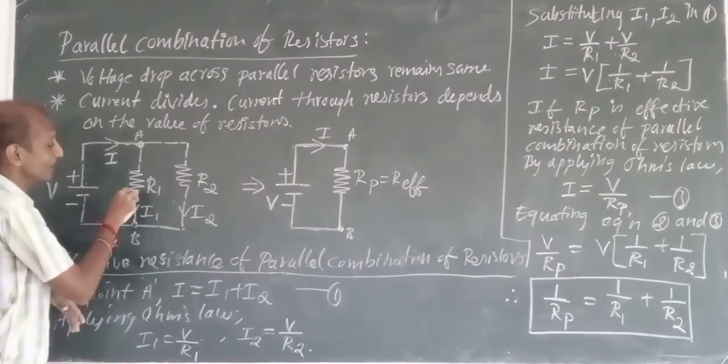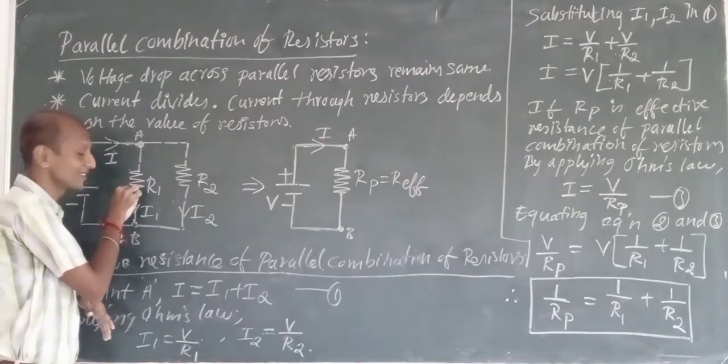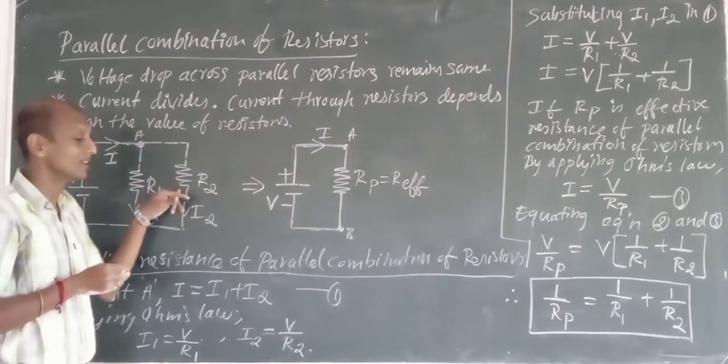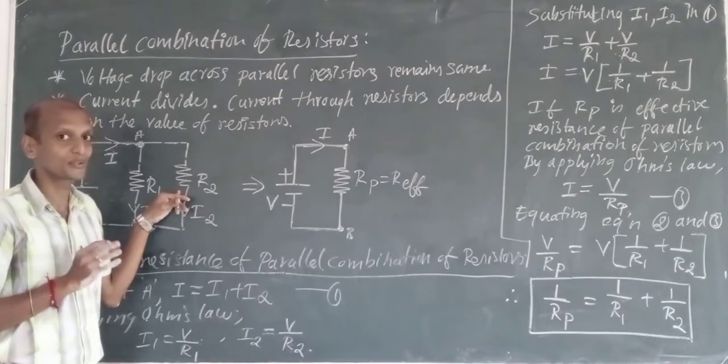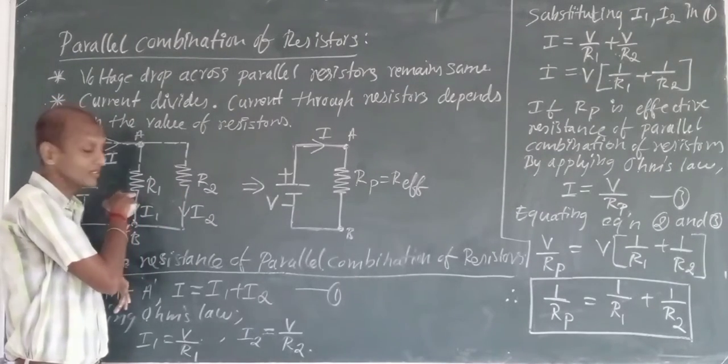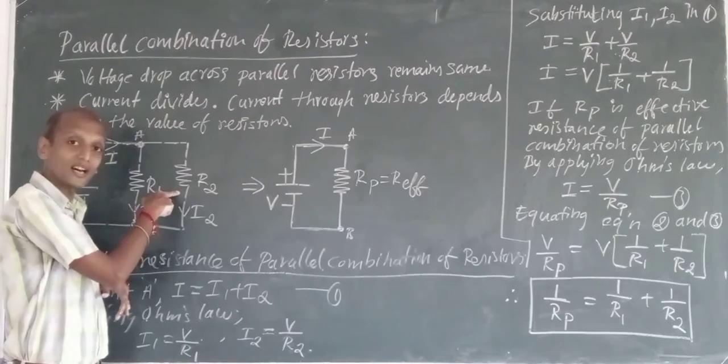This road has got certain resistance R1, and this road has got certain resistance R2.